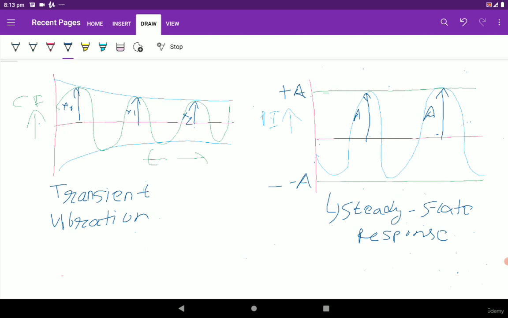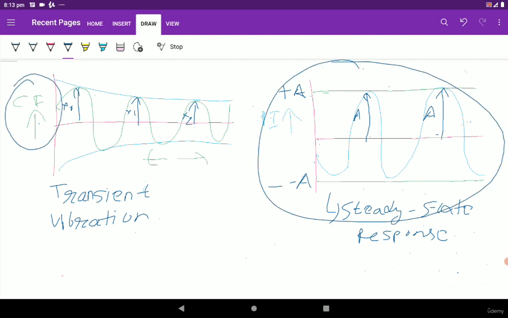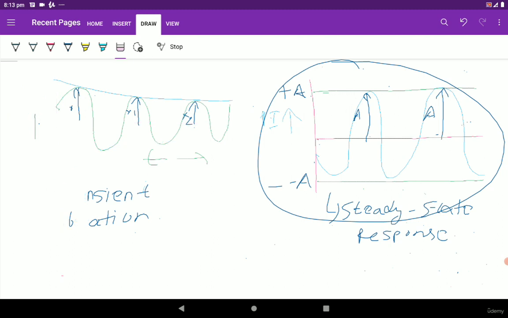Now if we combine these two graphs, then we are going to get a plot something like this, which I'm going to plot now.